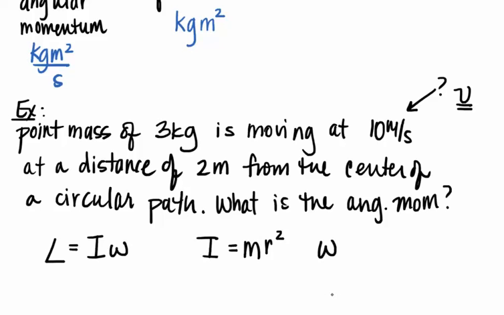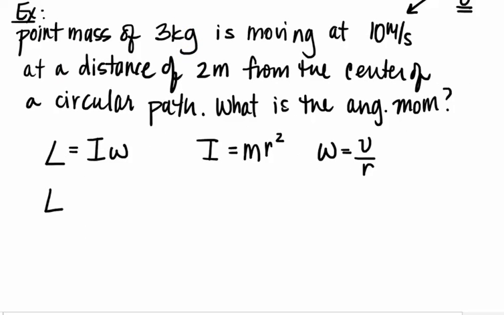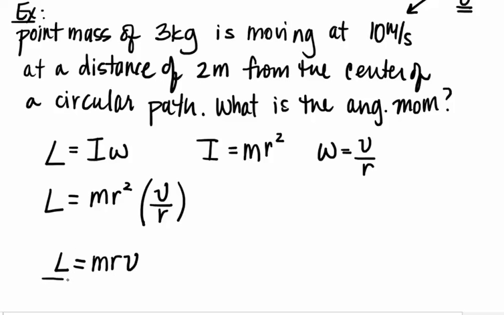So omega would be v over r. Well, let's make a substitution then. That would be m r squared v over r. What would that simplify to? Oh my gosh, it's m r v. Cool, huh? So for a point mass, if you have its linear velocity, you can jump and find its angular momentum just like that. Pretty cool, huh?